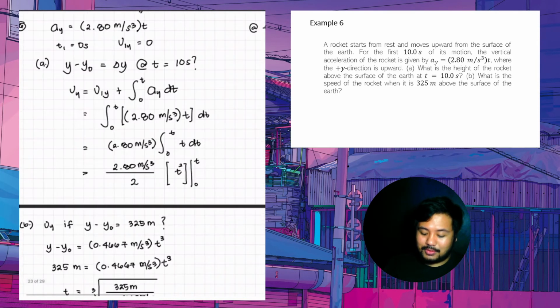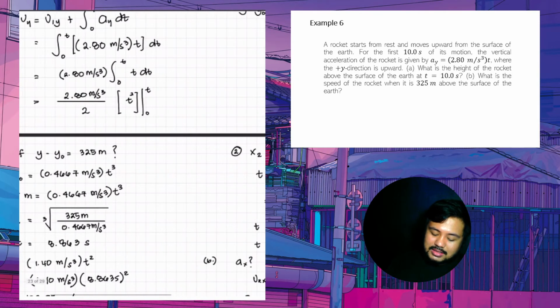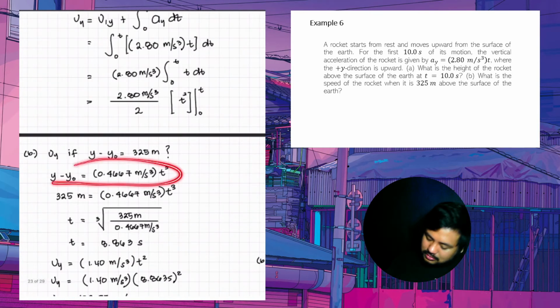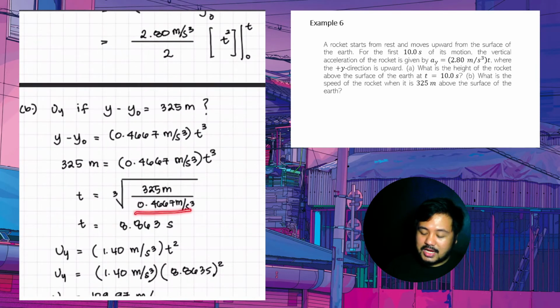So if y minus yo is 325, substitute 325 here in this equation. Okay, so we have t now that is equal to the cube root of 325 meters over 0.4667 meters per second cubed. So we now have the time t that is equal to 8.863 seconds.